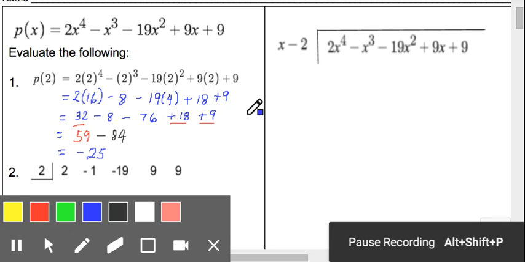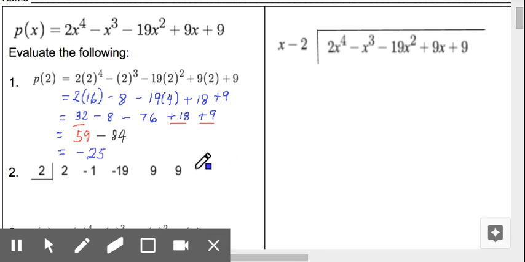Right. Now, number 2 is asking us to use synthetic division to find the value of the function when x is 2. So let's do that. So we bring down 2. 2 times 2 is 4. Negative 1 plus 4 is 3. 3 times 2 is 6.